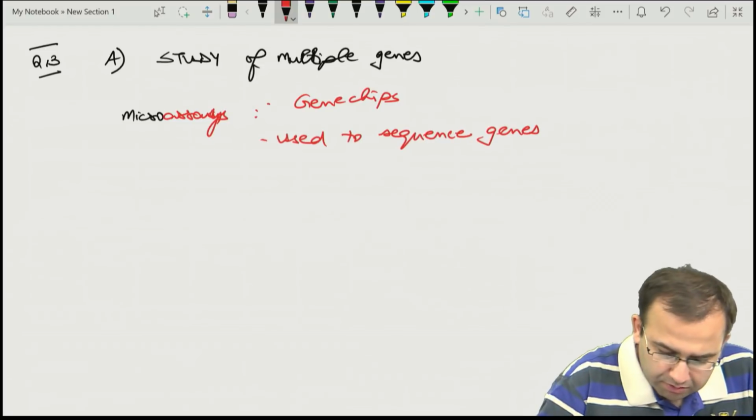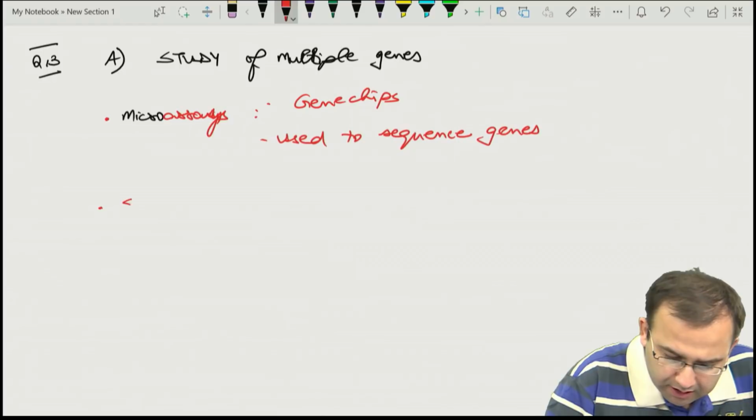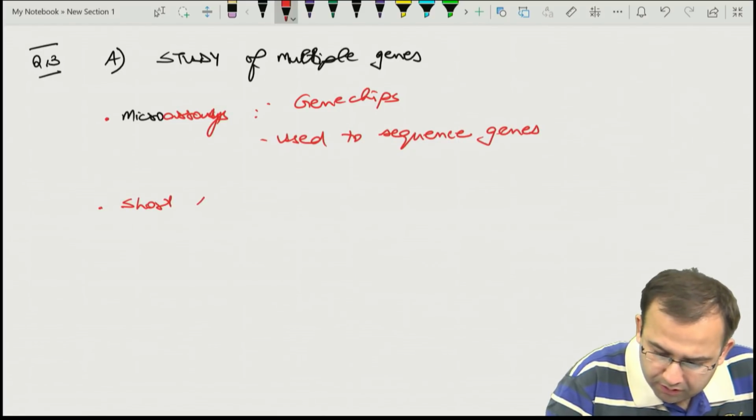Next point. In this technique, what is the principle?